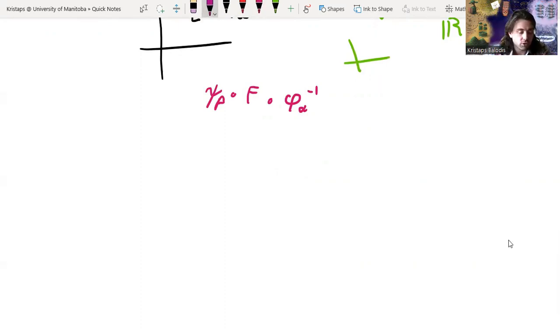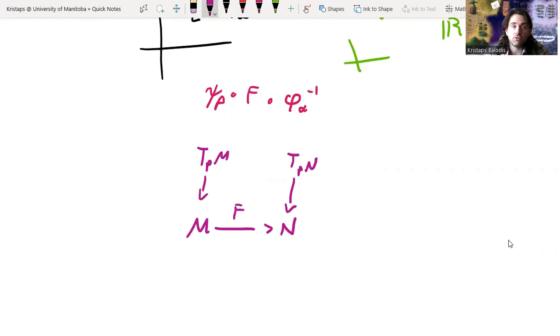In other words, if I have this map of smooth manifolds, what I'm going to do is define a map between the tangent spaces of these manifolds. And what's something we can try?